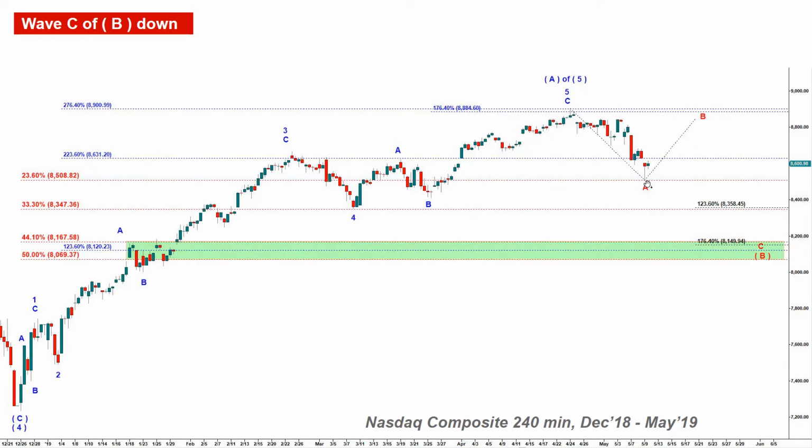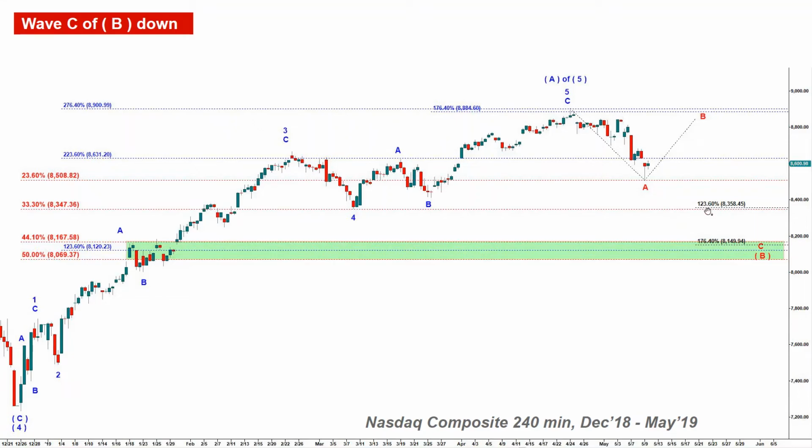So when we measure that drop in wave A and we put a potential objective for wave B as the recent high, wave C should be longer than wave A. It should be either 123.6% of wave A projected from this level of a potential top for wave B up, or 176.4%, and that gives us that target.